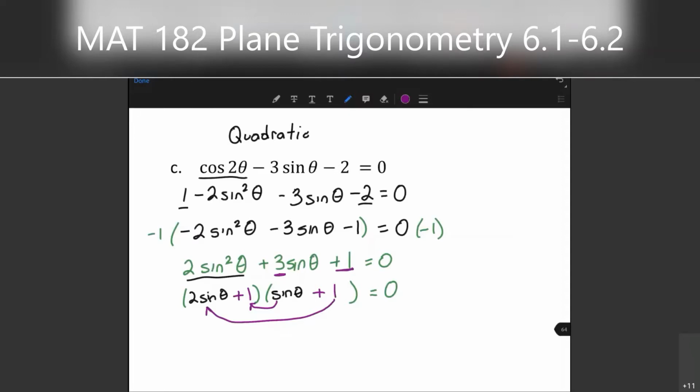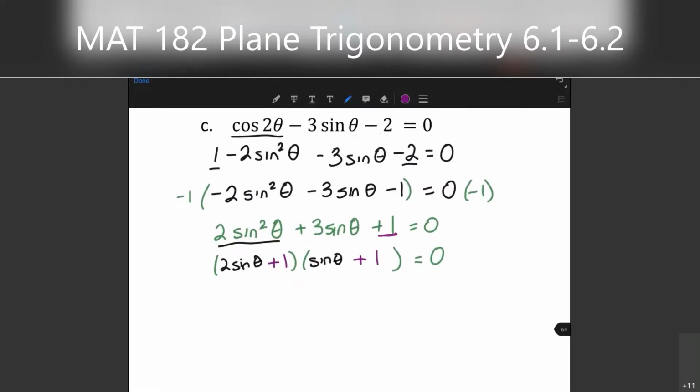And so now we have 2 factors to look at and set equal to 0. If I set this first factor equal to 0, we have 2 sine theta plus 1 equal to 0. And we'll, again, just rearrange that and see if we can solve for sine.